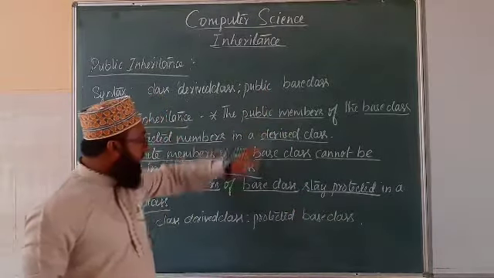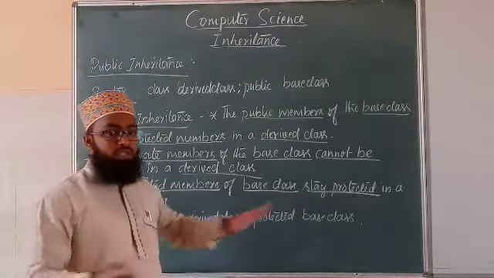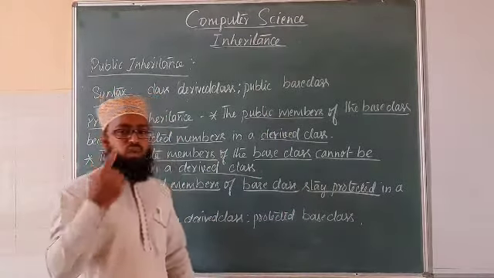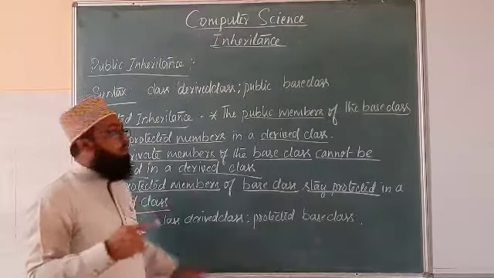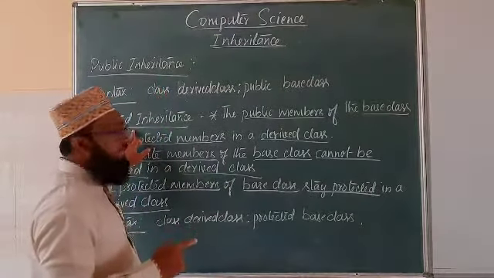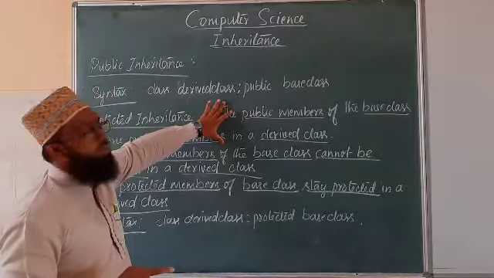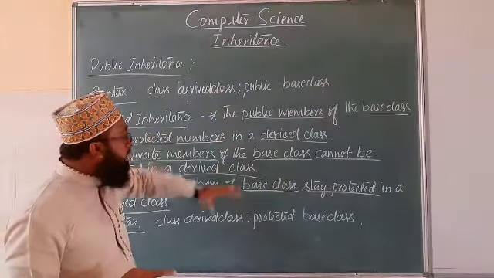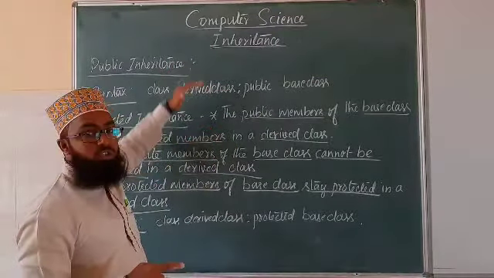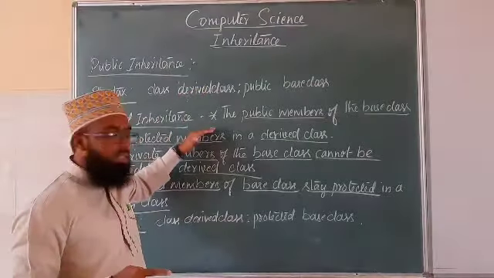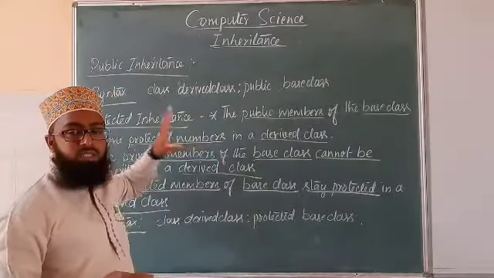Here we have used public, here we are using protected. Only this one point is the difference between public inheritance and protected inheritance. That is the first point, and the remaining two points are the same in these two types of inheritance. The first point has been changed.